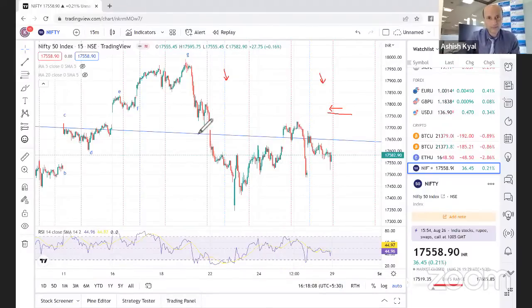To label this trend, we might have A here, B here, C completed. We got an X wave here. We had an A, B. Okay, wave C done here. Then we had a wave D, which got over at this point. We had wave E. This is a very narrow rectangle pattern that we saw.